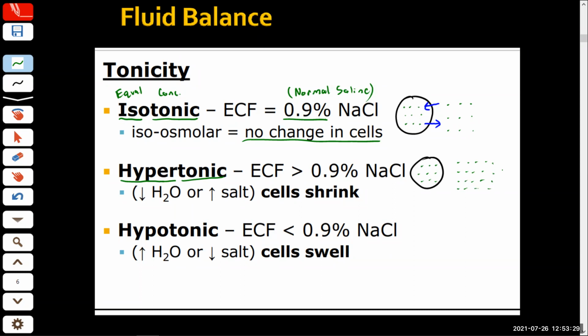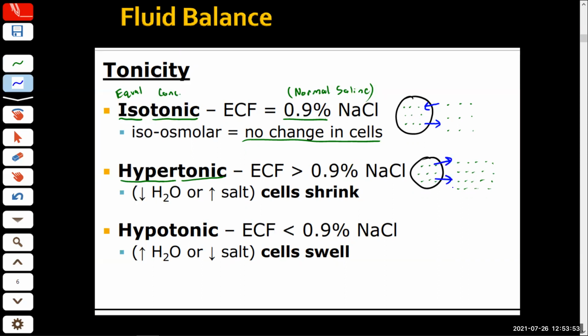Okay. Who's going to win the tug of war here? The cell or the blood? Blood. So where will water want to go? Water follows sodium. Again, in my mind, I think of this sodium here reaching inside the cell and pulling the water out.